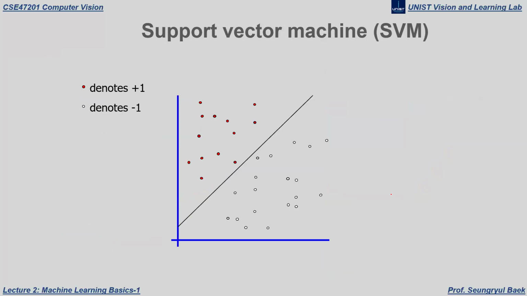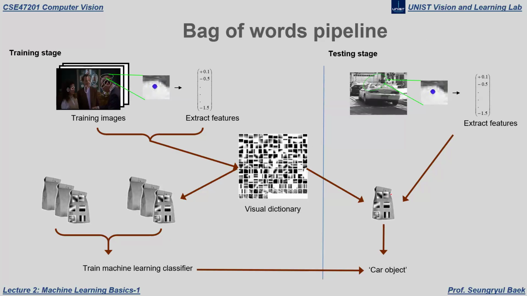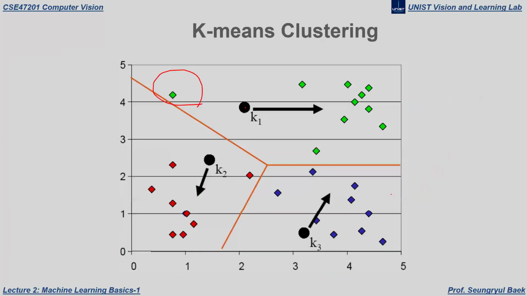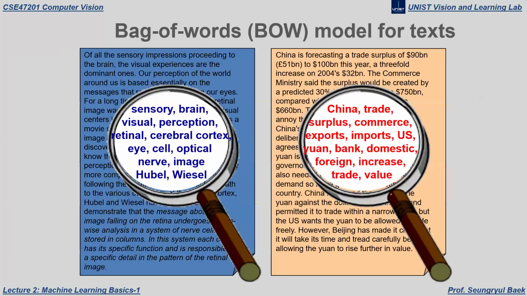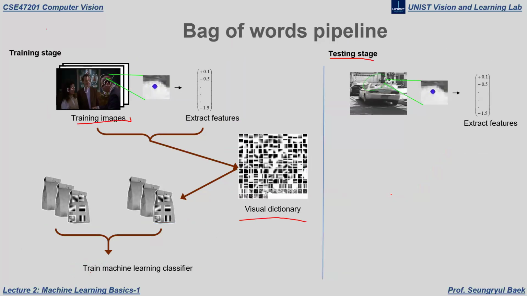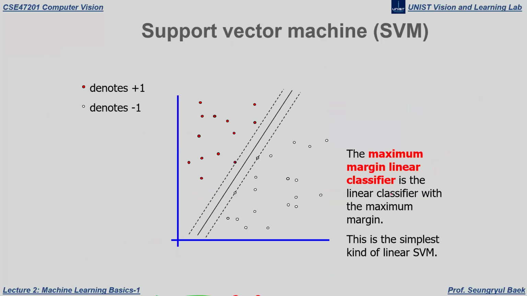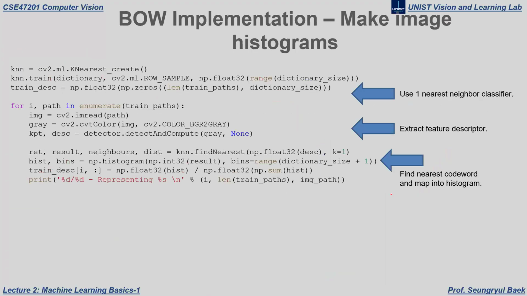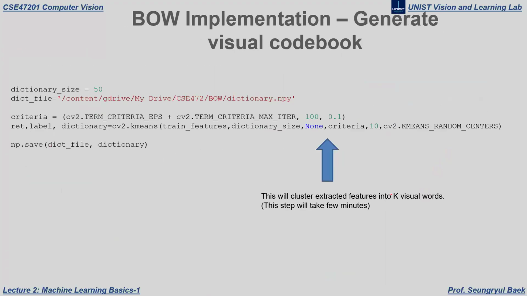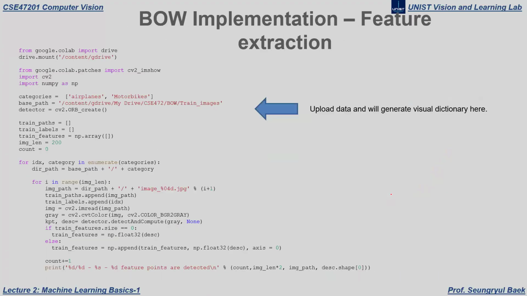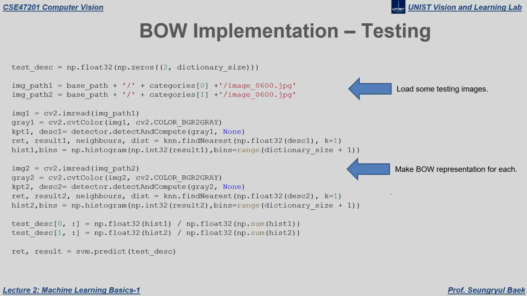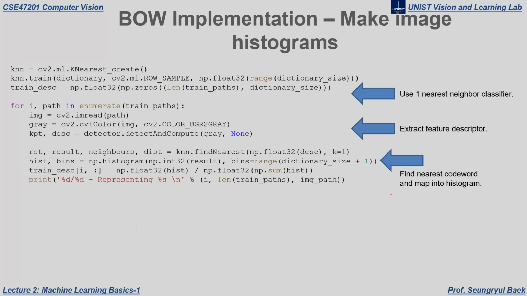Maybe next Wednesday we will learn about what SVM is. So we learned about bag of words and the clustering algorithm first, and now we will learn SVM. Here I wrote all the code for implementing this BOW, so you can try.